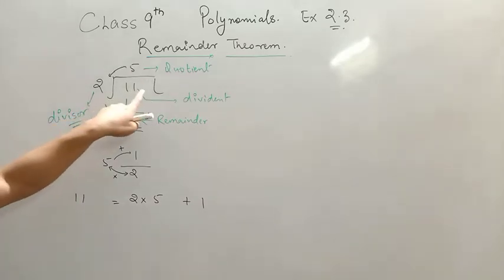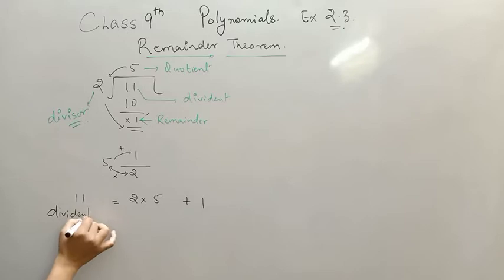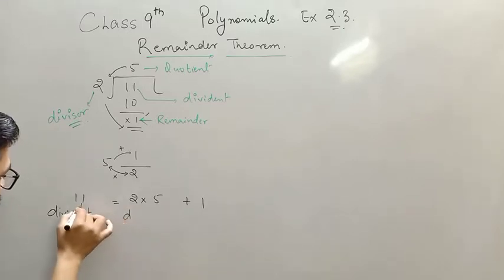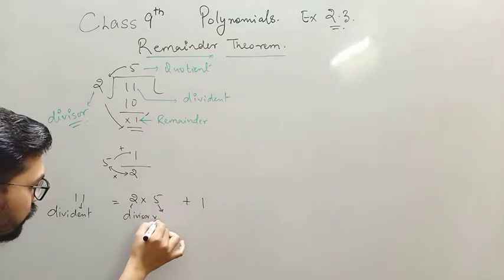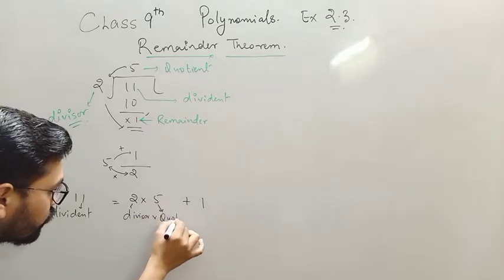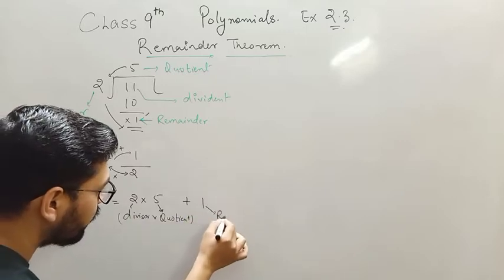What is 11? 11 is dividend, 2 is divisor, 5 is quotient, and 1 is the remainder.